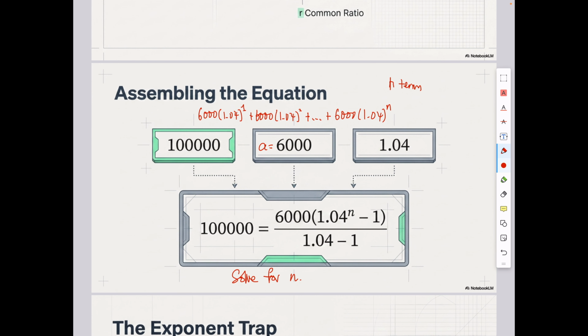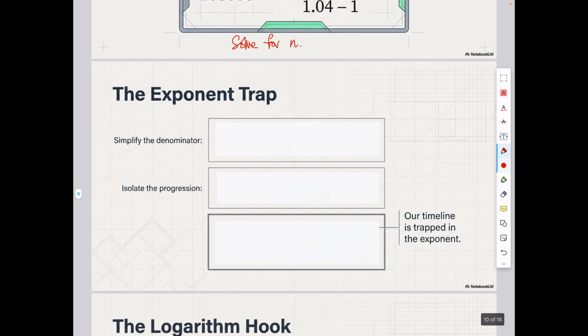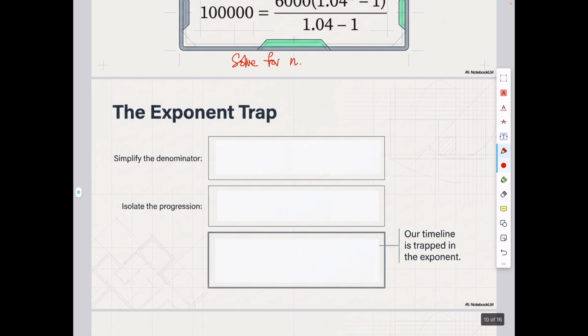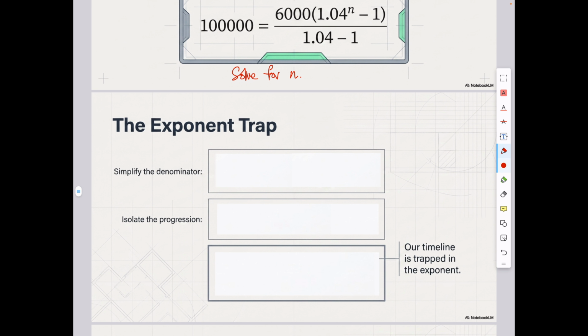But the issue is my n is in the exponent. So if I were to simplify everything, I will get 100,000 is 6,000 times 1.04 power n minus 1, divided by 0.04. So what will happen here is that I'm going to cancel this. 0.04 is actually 1 over 25.